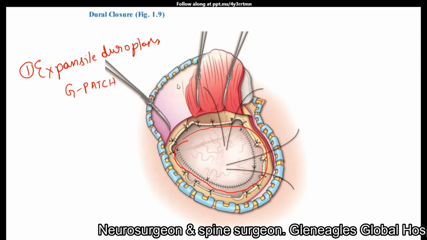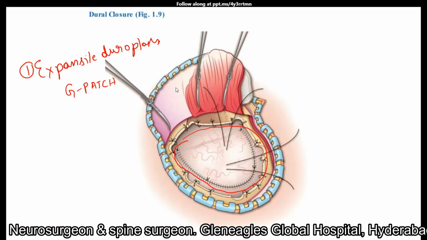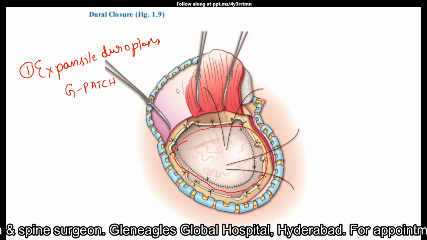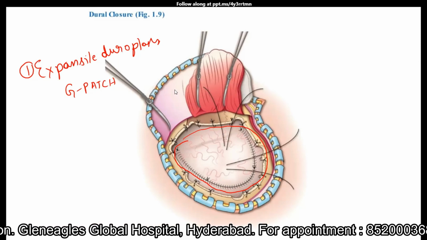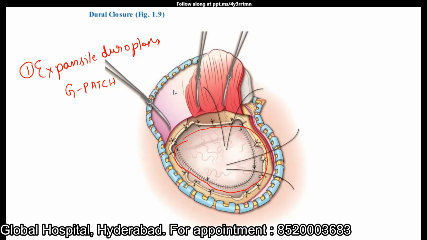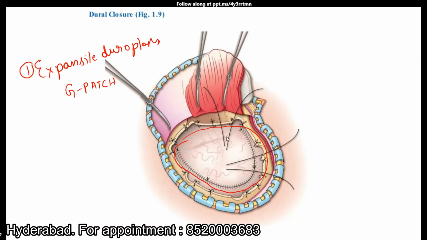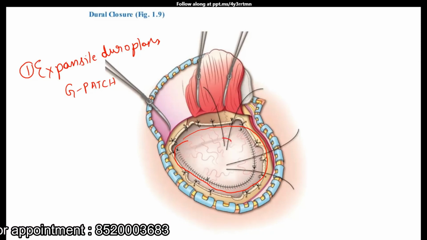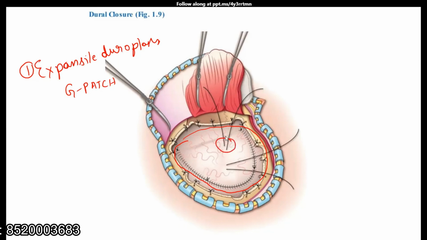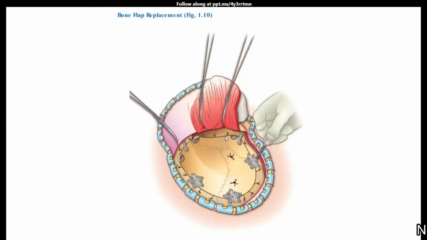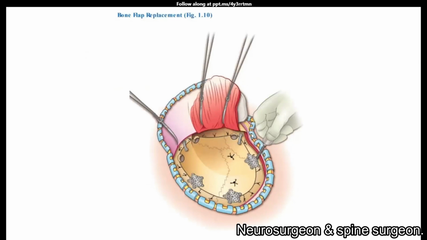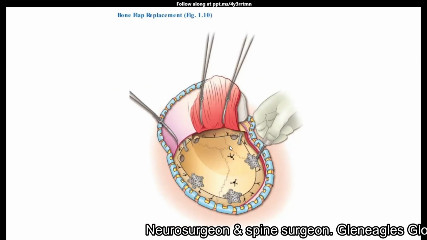Before you do an expansile duroplasty, I needn't emphasize the importance of meticulous and perfect hemostasis in the subdural space. You can also use a tack-up suture in the midline. If there is no brain swelling, I replace the bone flap.